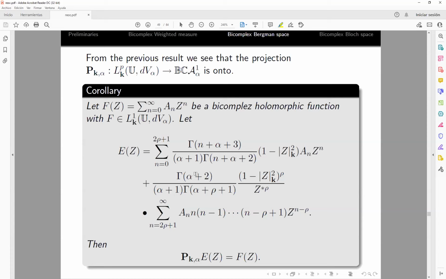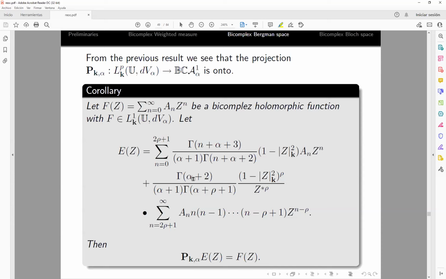And we define this function E. As you can see here, all this part is not bicomplex holomorphic because of this factor. This factor is not bicomplex holomorphic, times this series. Of course, this series is bicomplex holomorphic, but in general, this function is not bicomplex holomorphic.